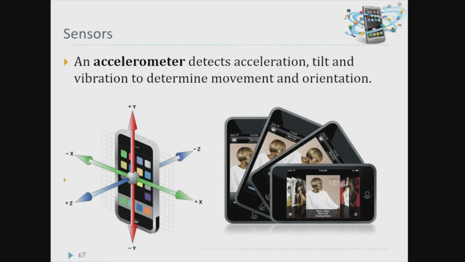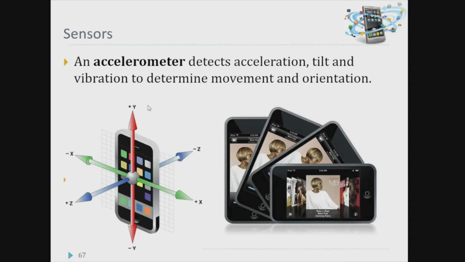accelerometer. Accelerometers detect acceleration, tilts, and vibration to determine movement and orientation of your phone, horizontal or vertical. Okay, it's based on the axes y, z, x.